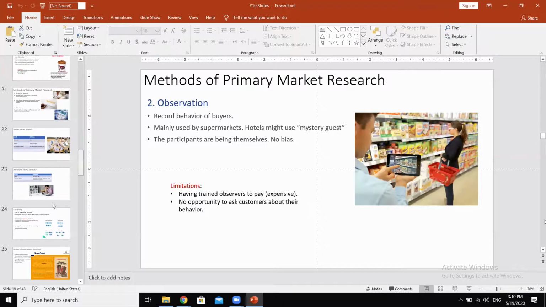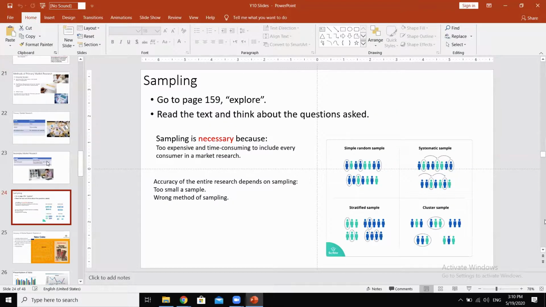Okay, so we had a problem when it came to market research, and it was that we could not include everybody in our research. Like imagine Coca-Cola having millions of customers. It's physically impossible to go and ask all those millions of people about what they think about the new Coke, let's say, this one.